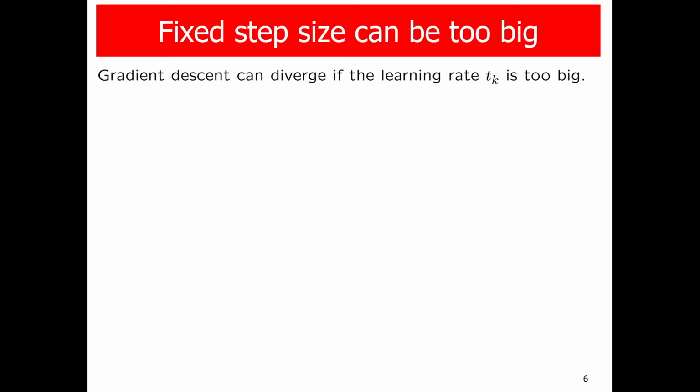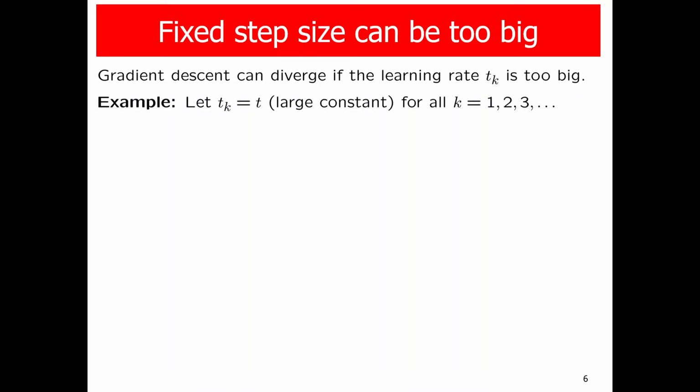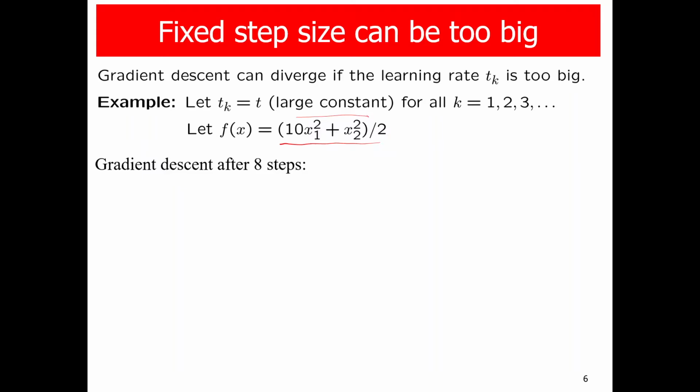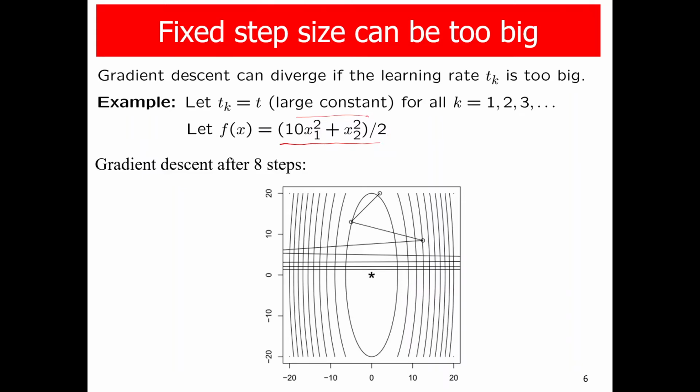For example here, if at each iteration k, the learning rate tk is set to a large constant number, and f of x is just this quadratic function here, then as you can see, the gradient descent algorithm is not even converging. We started the algorithm from the starting point x0, and as you can see, as we increase the iteration number, the algorithm is jumping bigger and bigger steps.